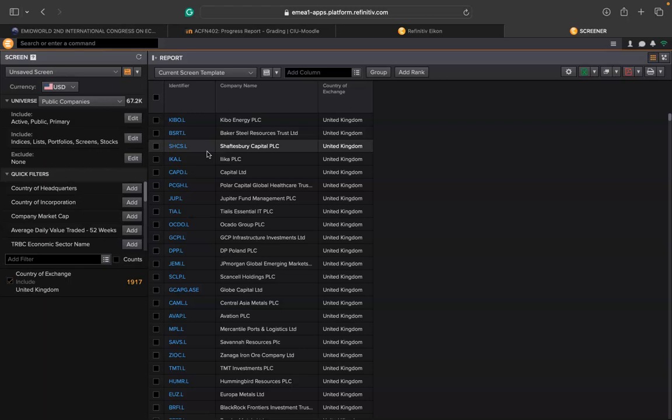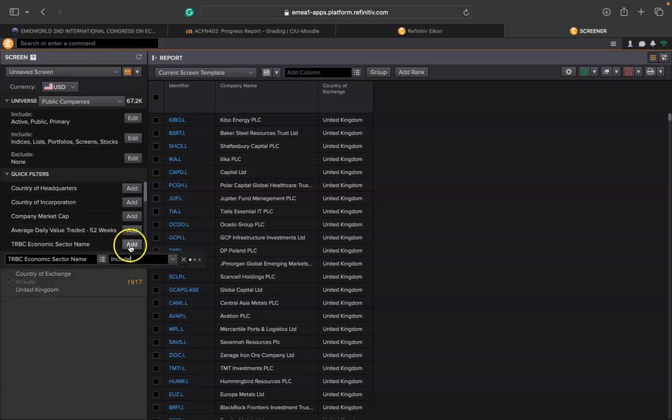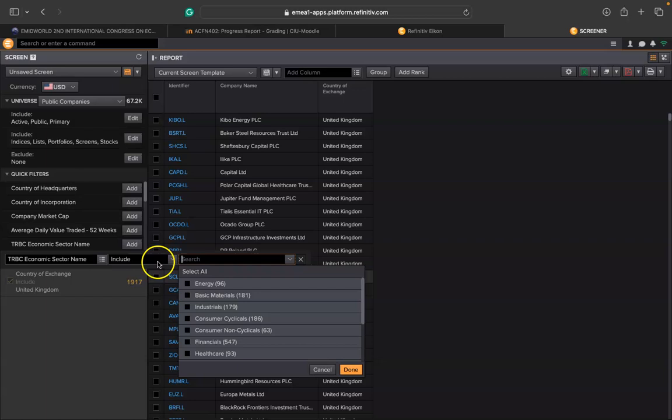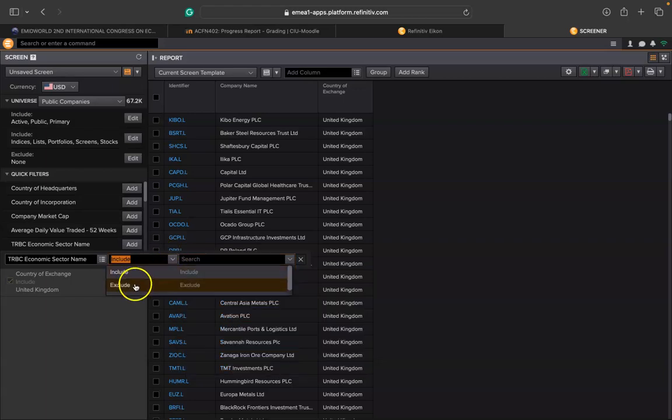So I need to remove the financial companies. My sample is 1,917, but I'm going to add the sector name, and I'm going to select exclude.